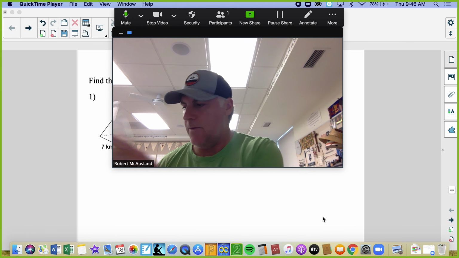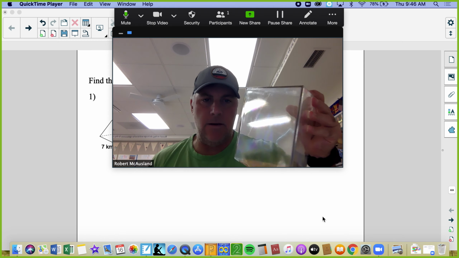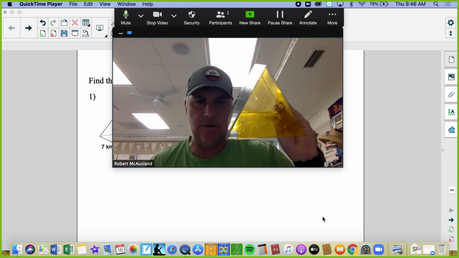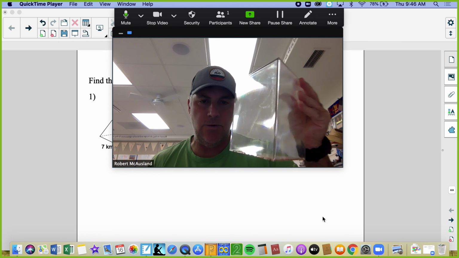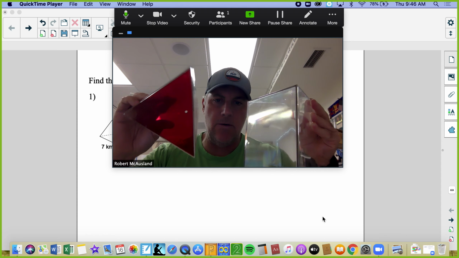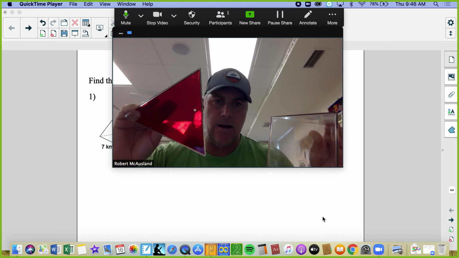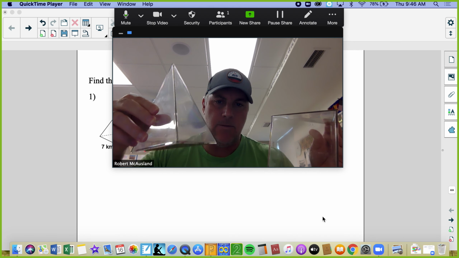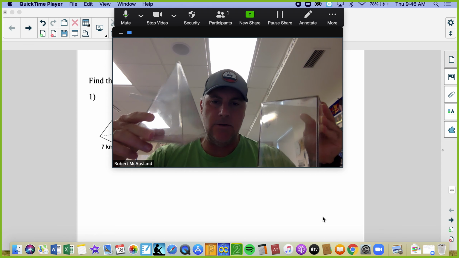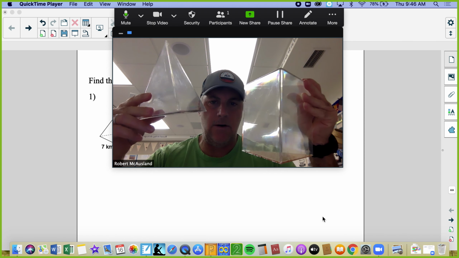So if we have a triangular prism, triangular because the base is a triangle, prism because it's got 2 bases, and then we look at the triangular pyramid, this is a triangular pyramid because the base is a triangle, pyramid because it only has one base. Again, the volume of this triangular pyramid is 1/3 of this. Very, very cool, very interesting.